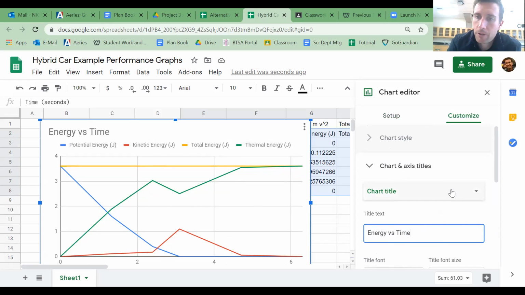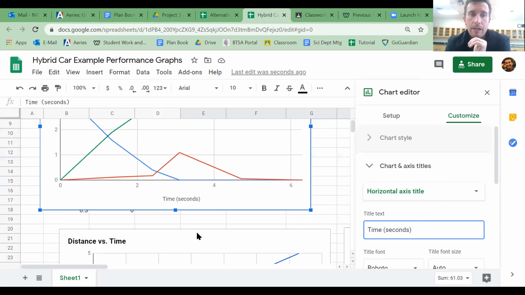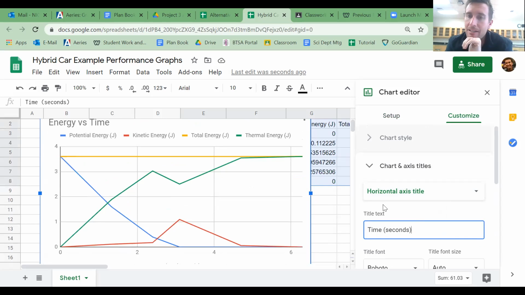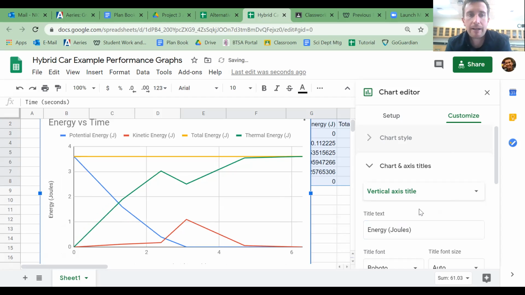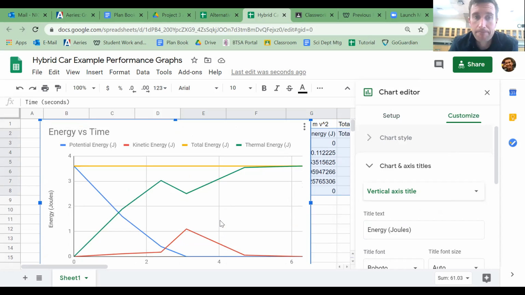And I also want to put in some horizontal axis. That was the time in seconds. Good. Perfect. Oh yeah, look at that. And then the vertical axis, that one is energy measured in joules. So I'll put in a title there. And now it looks pretty nice, right? That chart is pretty much the way that I want it to be.